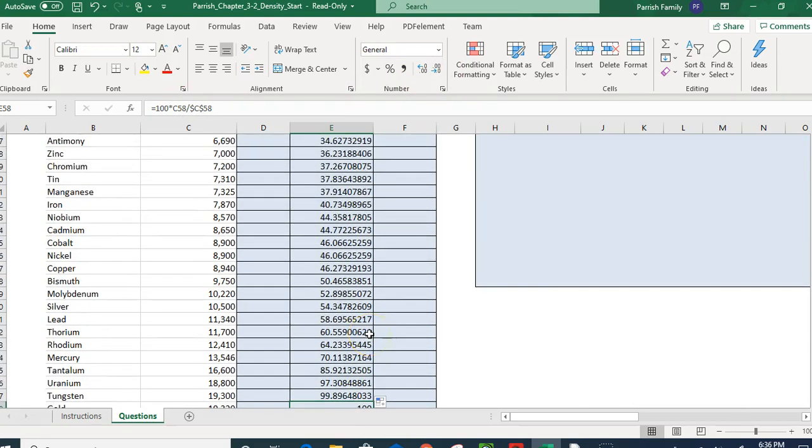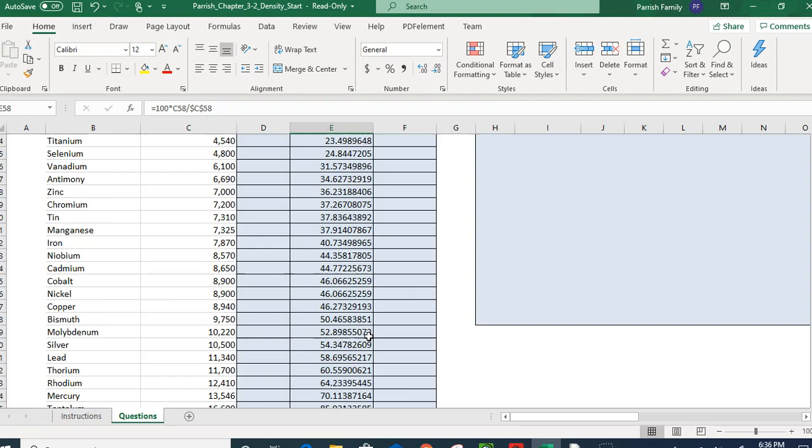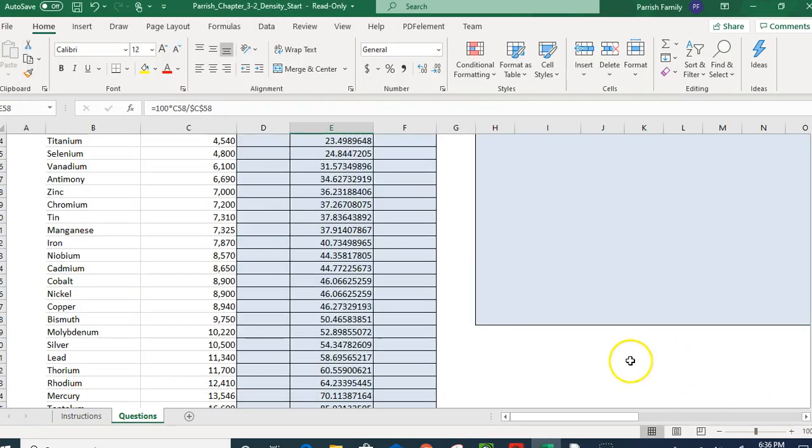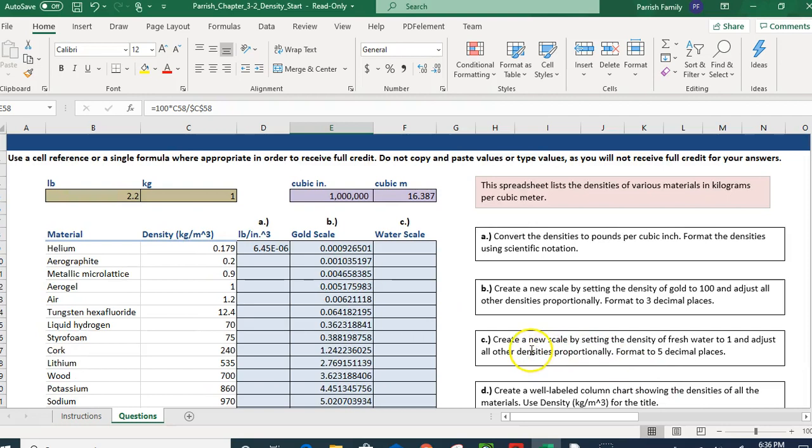All right. So our next thing is they asked us in the next part, let me go back again. In the next part, they said, create a new scale by setting the density of water to 1 and adjust all the other densities.